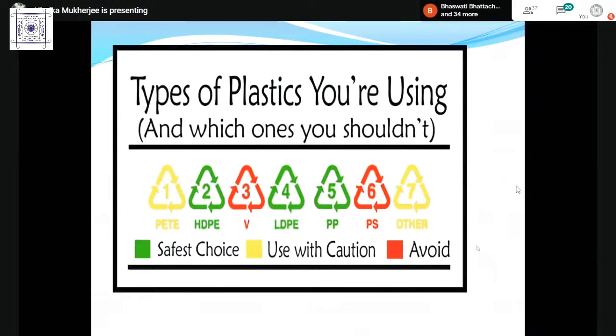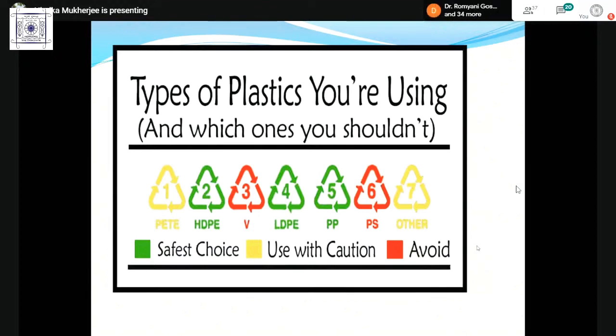These plastic bottles or plastic containers usually have numbers written beneath or behind them. These numbers have their colors also. Here we can see if a plastic bottle has the number 1, like the yellow one, and number 7, these are the numbers and colors which we can use with caution.